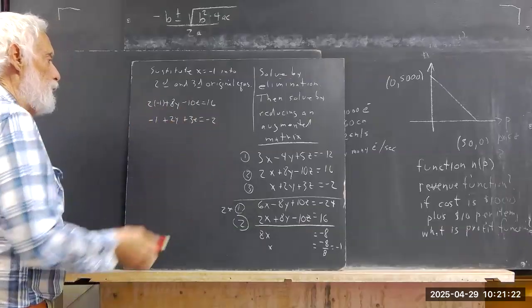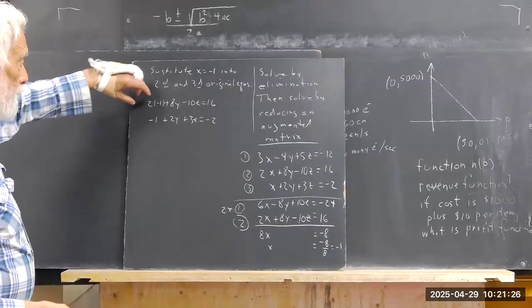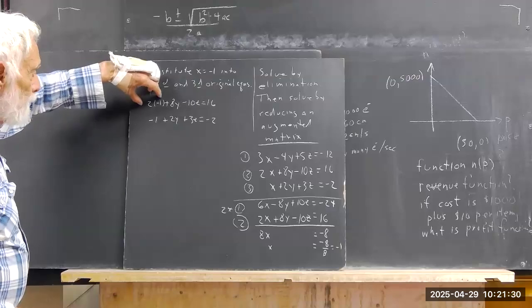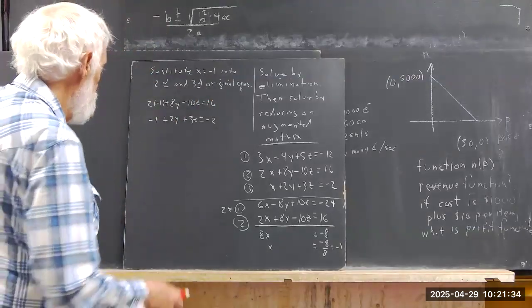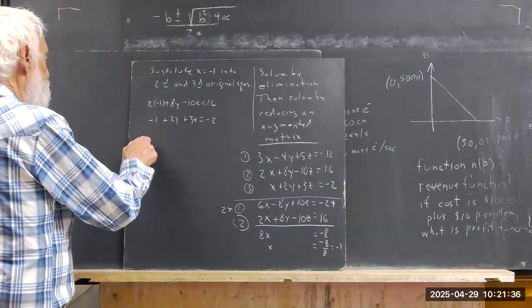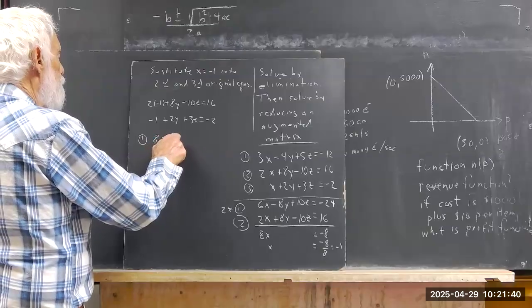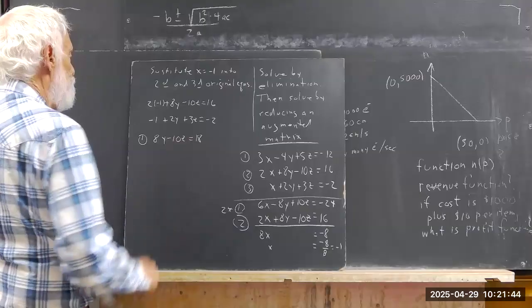So now we have a system of 2 equations. It looks a little weird because we got these numbers over here, but we subtract off all the constant numbers, and we get equation one, which would be 8y minus 10z equals 18.